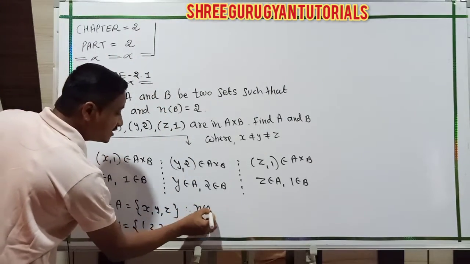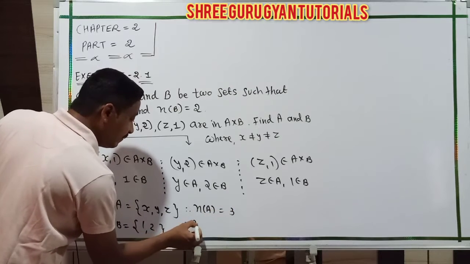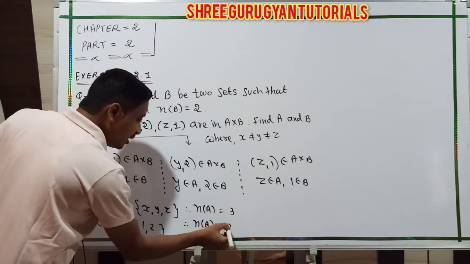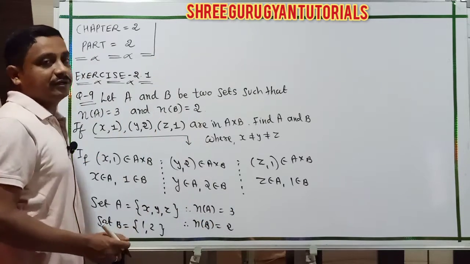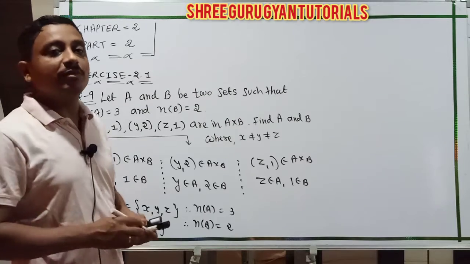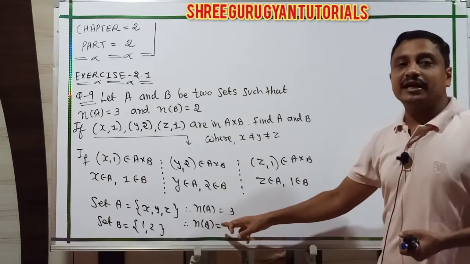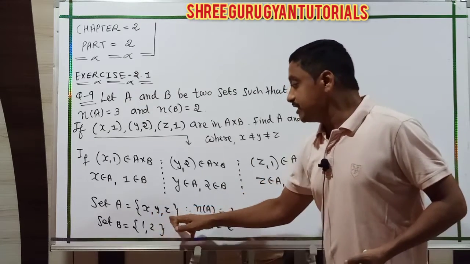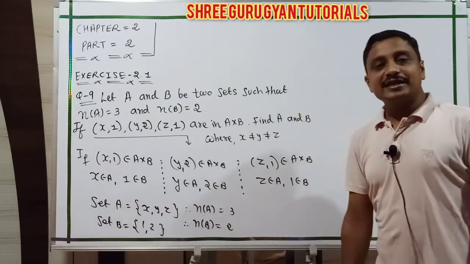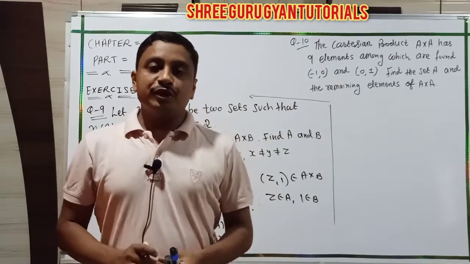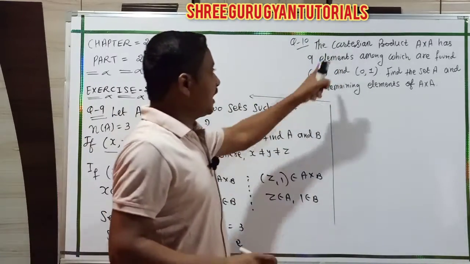The number of elements of A is how many? 3. And of B? 2. So you have done question number 9 easily. And check that x, y, z are all distinct, so they apply because distinct elements are present in the set. Continue students.